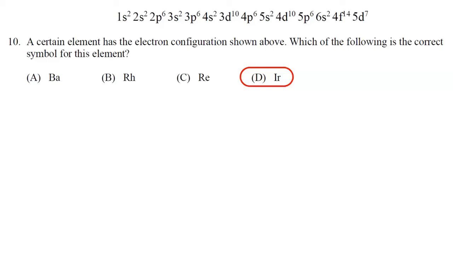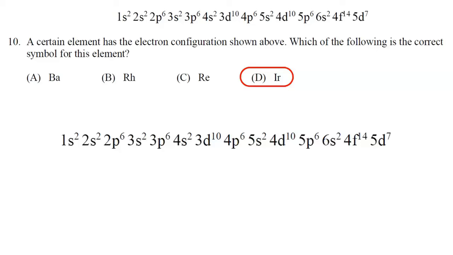All you have to do is simply count the number of electrons by counting the total number in the superscripts of this electron configuration. So if I count just the superscripts in this electron configuration, I will get a total of 77.